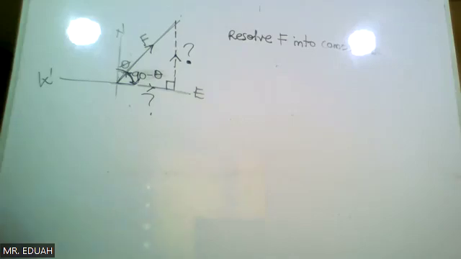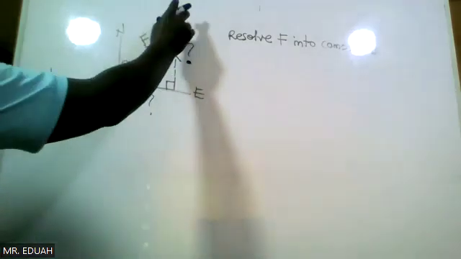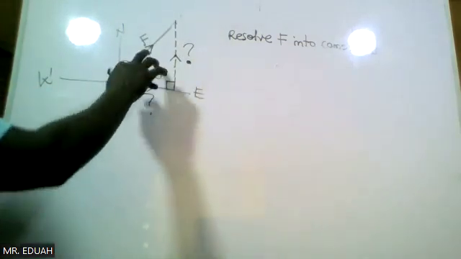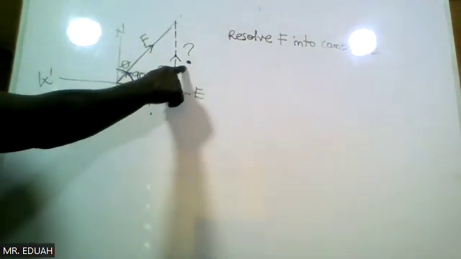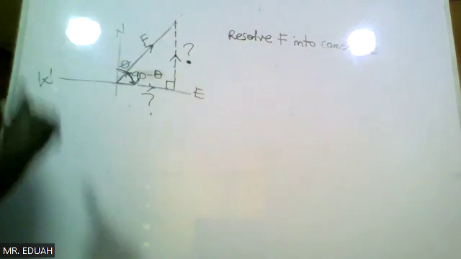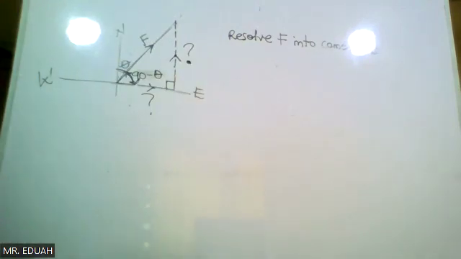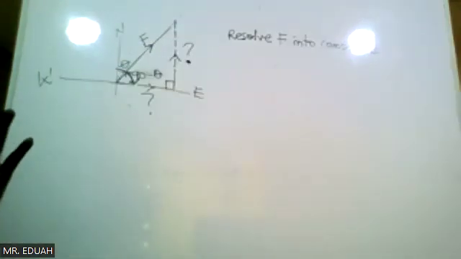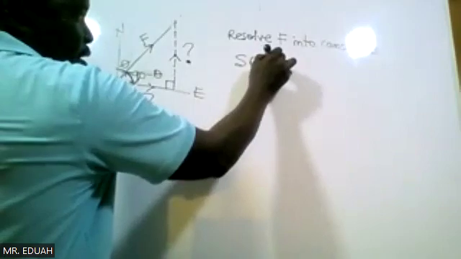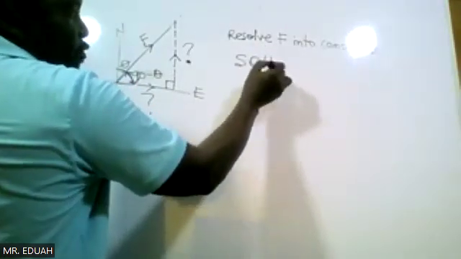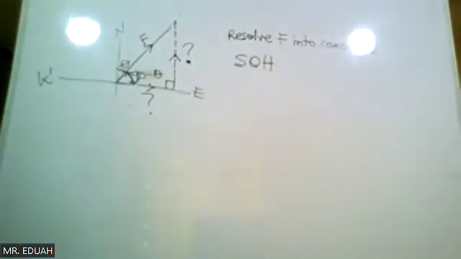Okay, I take the question again. For a right angle triangle, I have the hypotenuse, I have the angle of elevation, and I'm to look for the opposite. Obviously, the appropriate trig ratio is sine, because sine is opposite over hypotenuse.